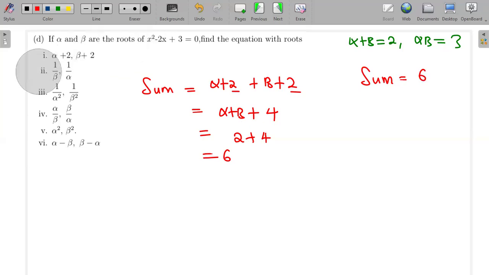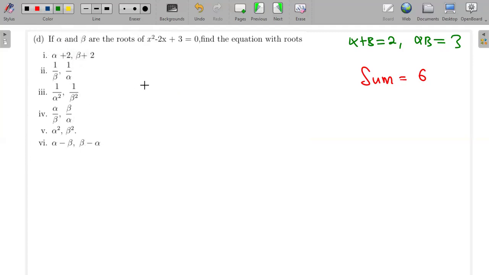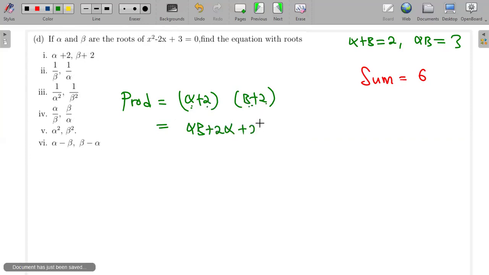What about the product? So the product will be alpha plus 2 multiplied by beta plus 2. So this will be alpha multiplied by beta, I get alpha beta. Alpha multiplied by 2, I get plus 2 alpha. 2 multiplied by beta, I get plus 2 beta.